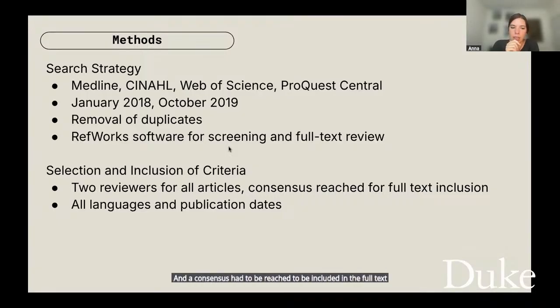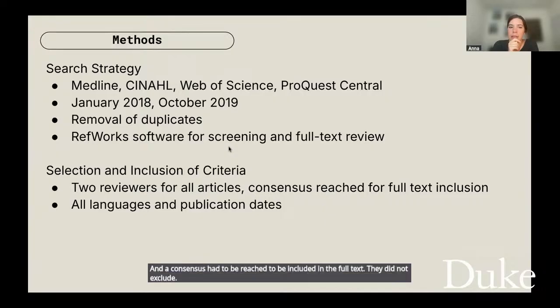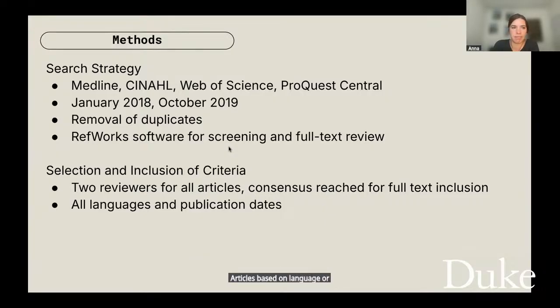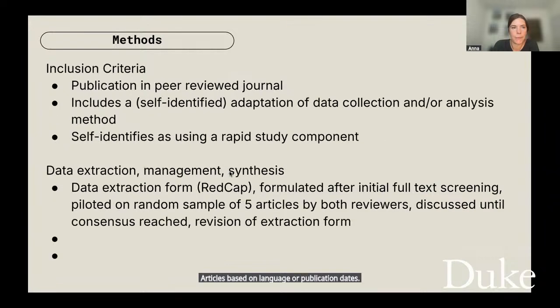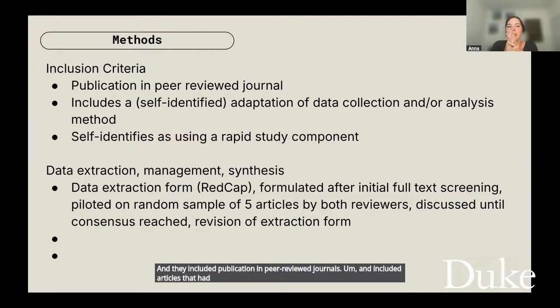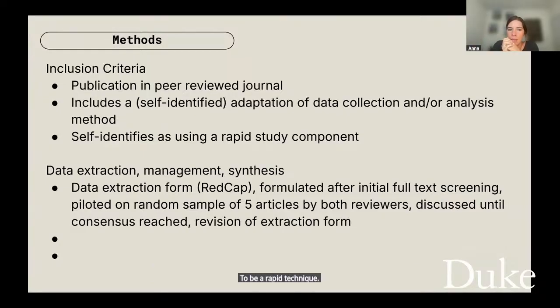They did not exclude articles based on language or publication dates. They included publications in peer-reviewed journals and included articles that had a self-identified adaptation of data collection to be a rapid technique, and that self-identified using a rapid study component.